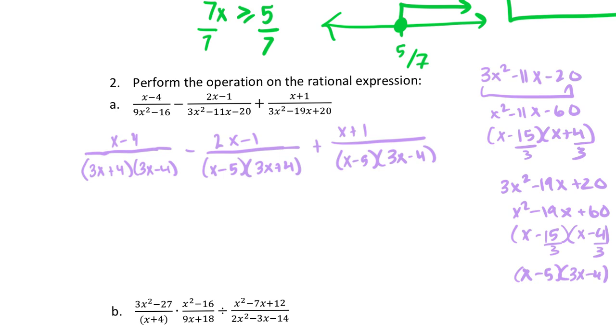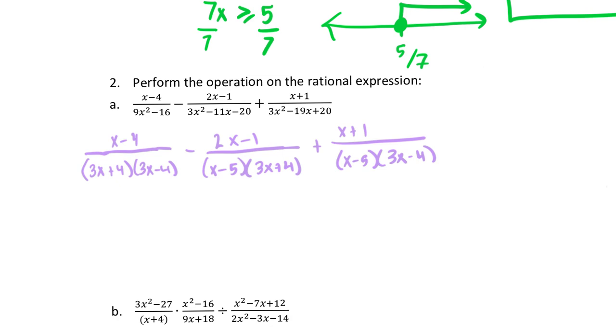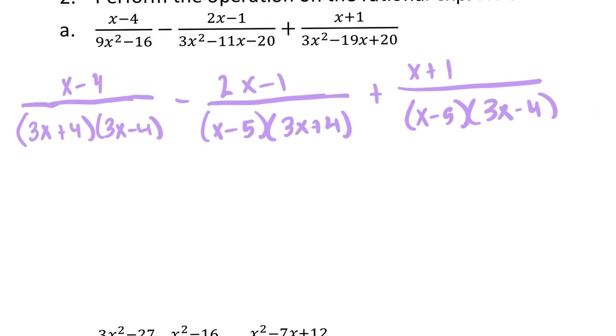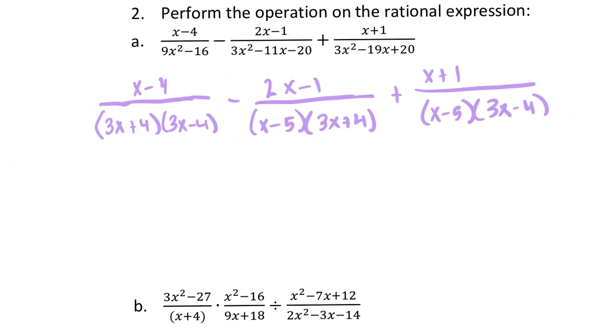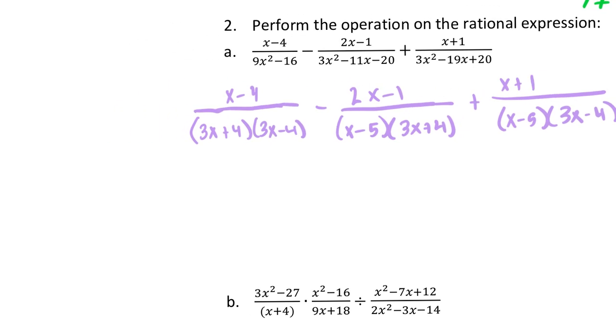Okay, so the next thing that we're going to want to do is find the least common denominator. I did erase my factoring because I know that I'm going to need that space, but we have here 3x plus 4, 3x minus 4, and x minus 5. So on my first fraction, the piece that is missing is the x minus 5.